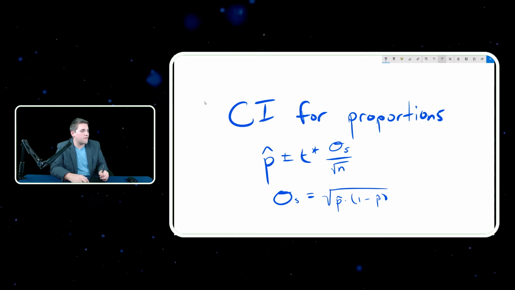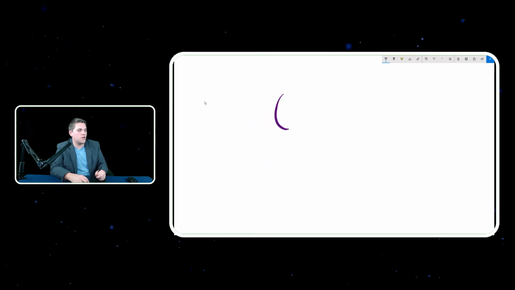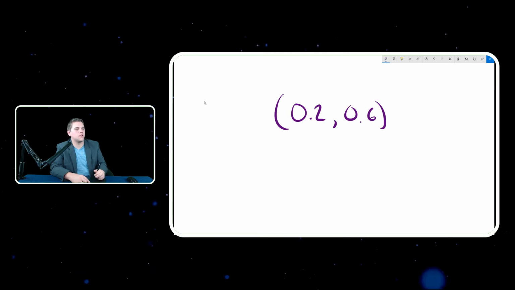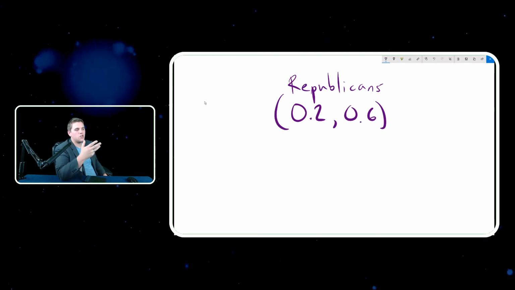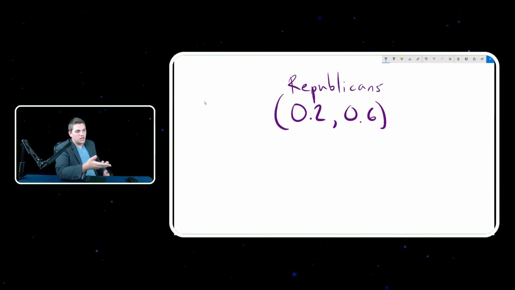Now you might get a confidence interval that might look like something like 0.2 and 0.6. And let's say this is a representative of Republicans. Well, what does this mean? This means that you are certain, let's say we need to talk about percentage of confidence.